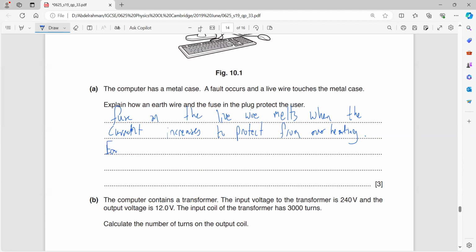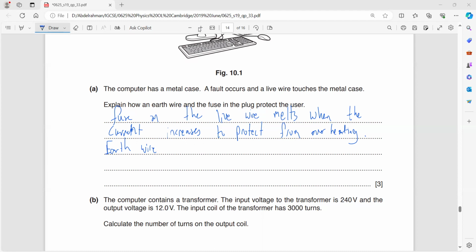How does the earth wire protect the user? We always have to say that the earth wire protects the user from electric shock.